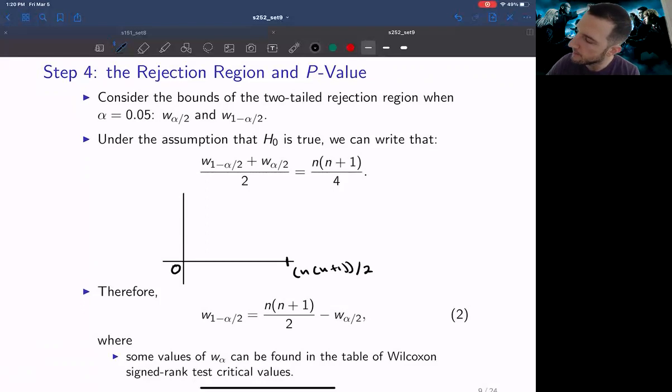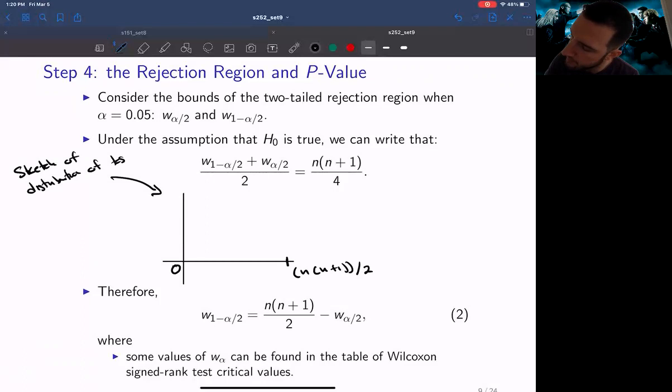And this plot here is a sketch of the distribution of the test statistic. So we have our two bounds.